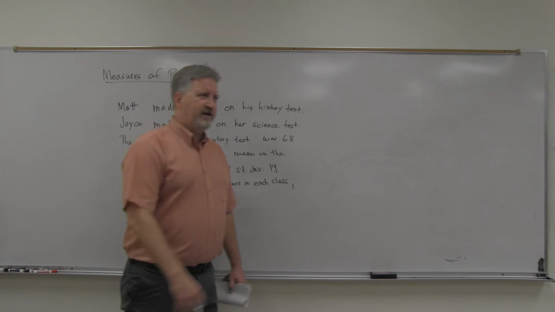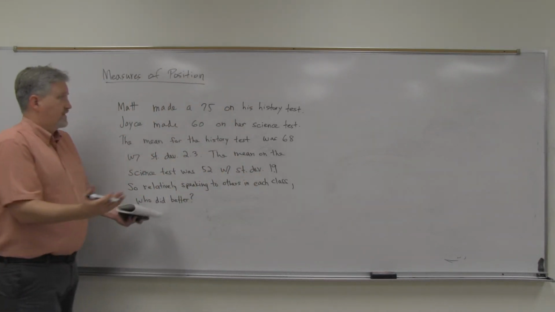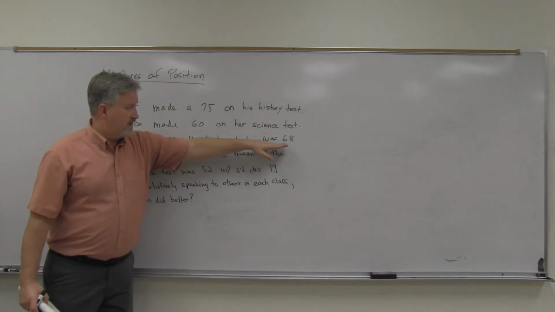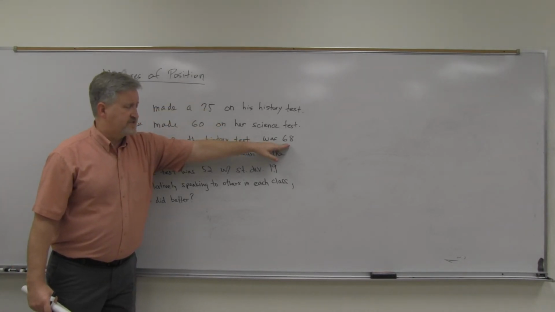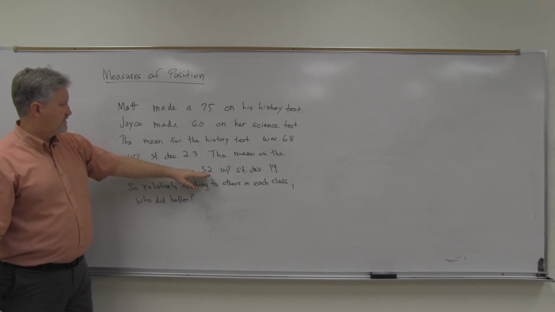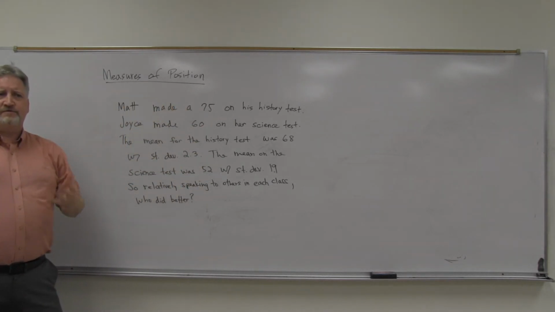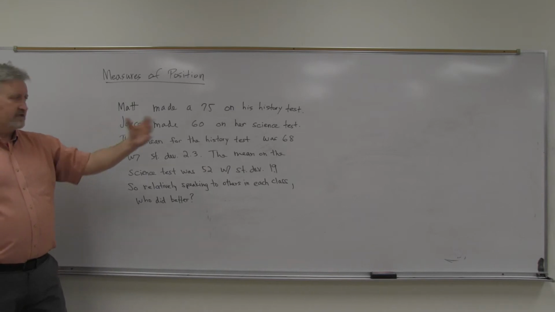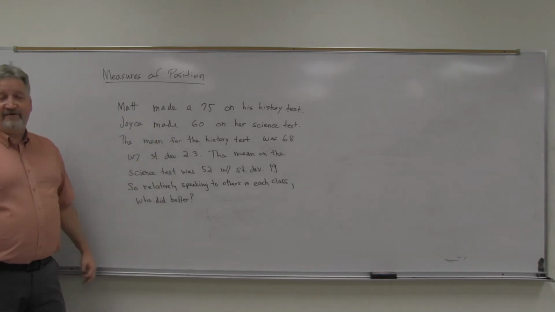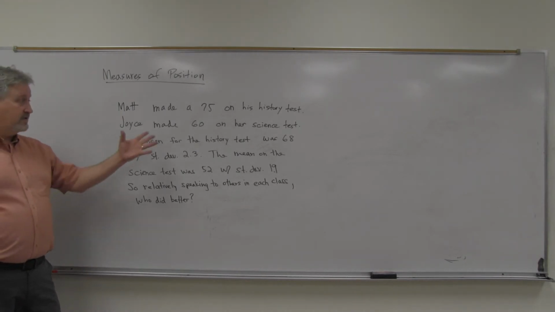Well, at first glance, maybe it looks like Matt, but the average on his test was 68, and the average on the science test was 52. So there's different things going on. It looks like it was a harder test, if we're talking about out of 100, on the science test, so maybe Joyce did better.